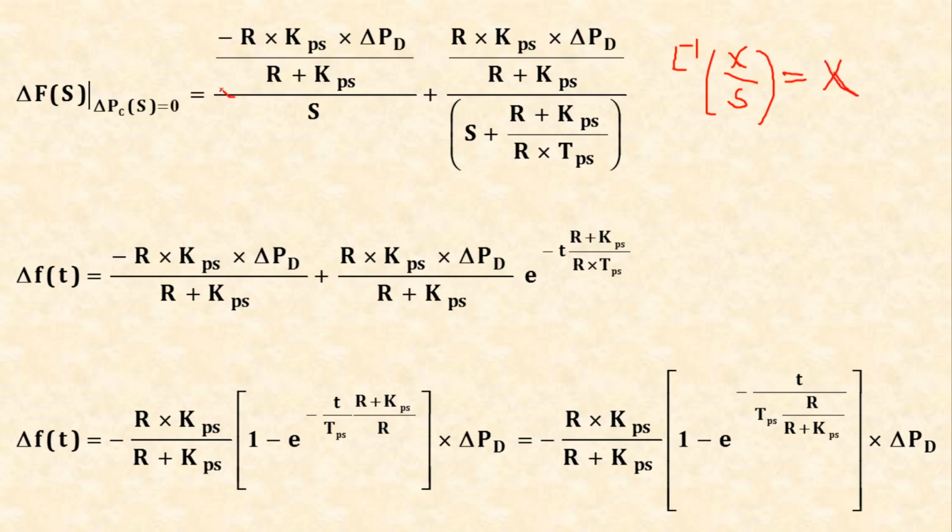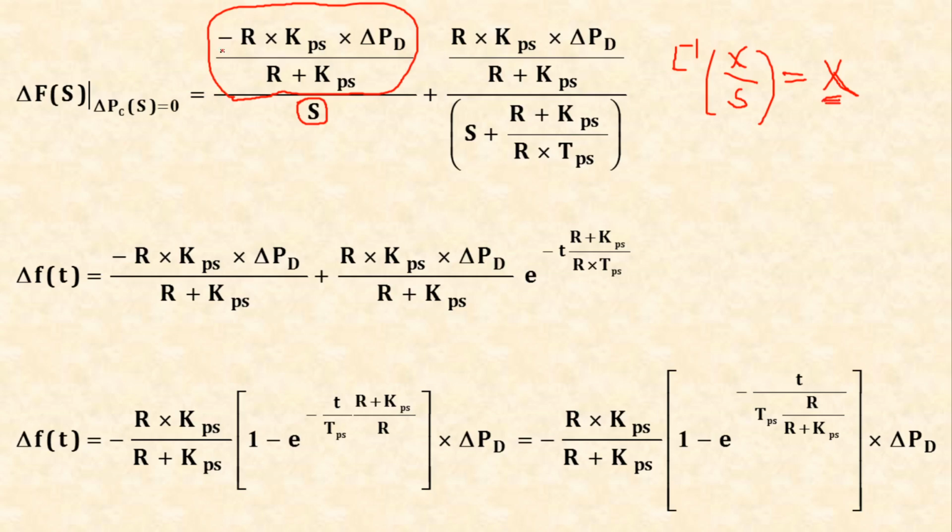So, over here the same situation, this is the constant, suppose x, and this is the value of s. So, Laplace inverse of x by s is equal to x. Means in general, Laplace inverse of any constant upon s is equal to the constant itself. So, over here we have to find out the Laplace inverse of this particular term. So, this is the constant, this is s. So, the answer will be constant.